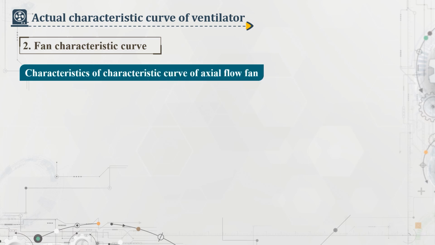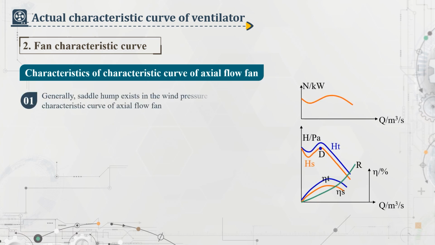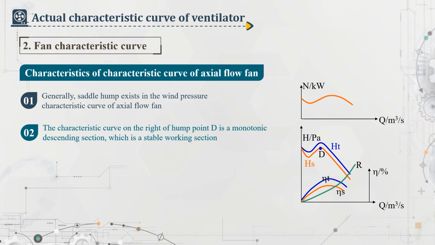The characteristics of the characteristic curve of the actual flow fan are: 1. Generally, a saddle hump exists in the wind pressure characteristic curve of the actual flow fan. 2.